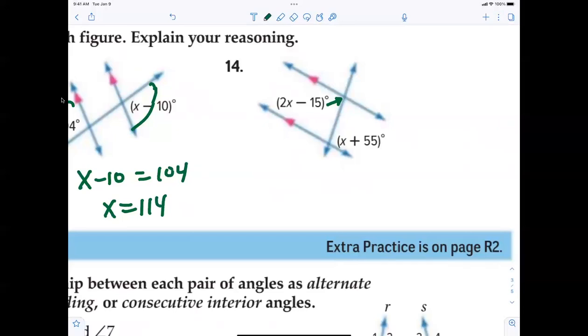What is the answer to 14? 70? Shrugging your shoulders, no one knows besides Tanner. Those are what type of angles? This angle and this angle.